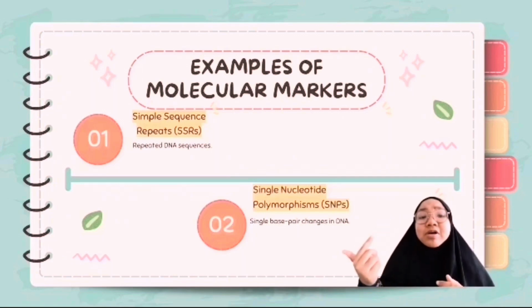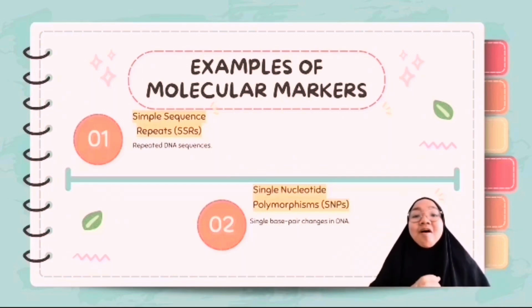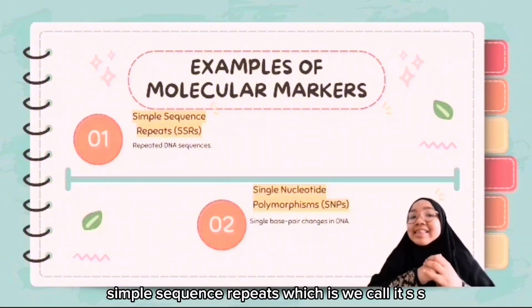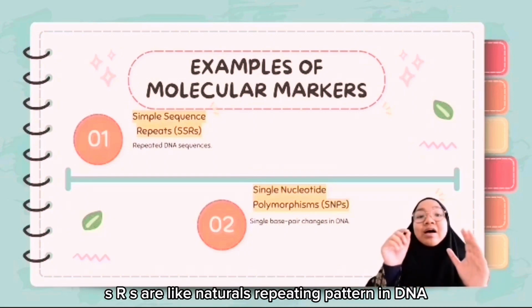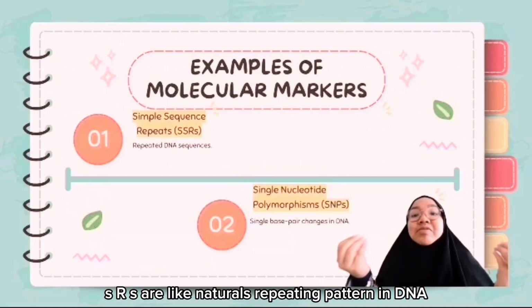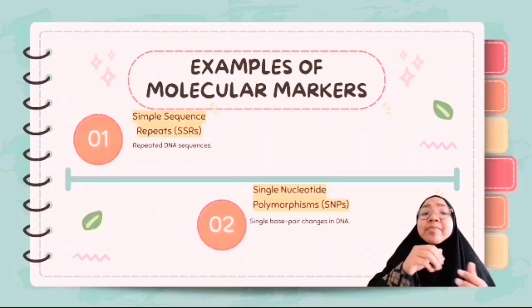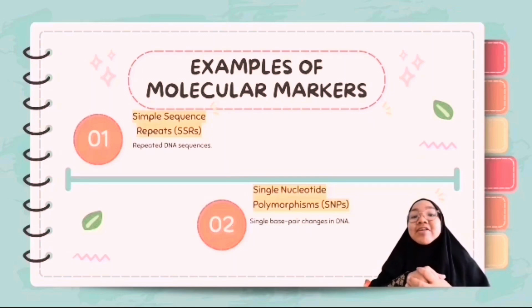Now, let's explore some cool examples of these markers. Simple sequence repeats, which we call SSRs, are like nature's repeating patterns in DNA, and they help us spot genetic variation.